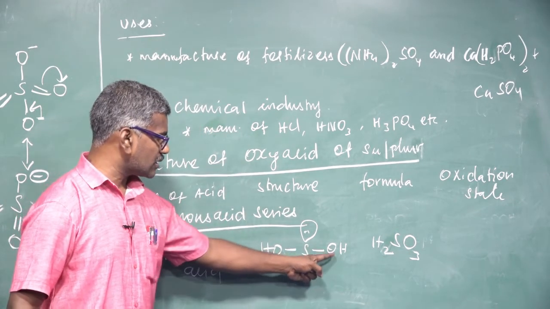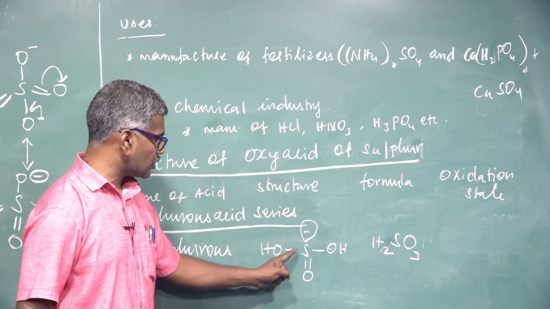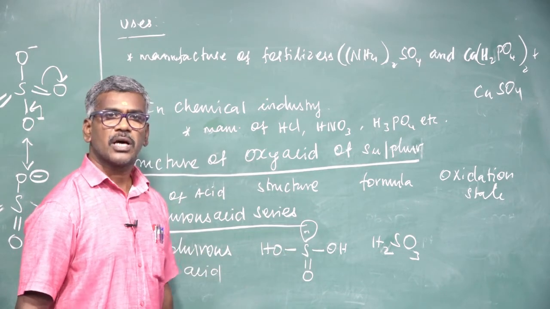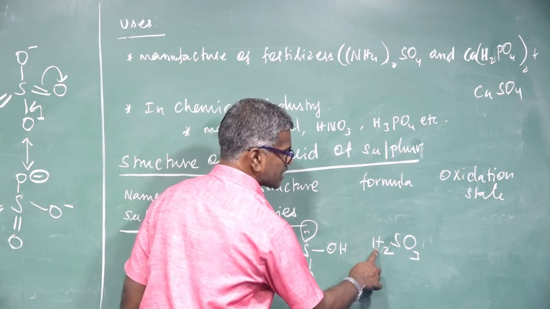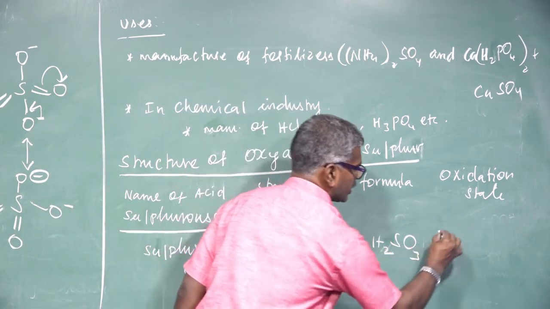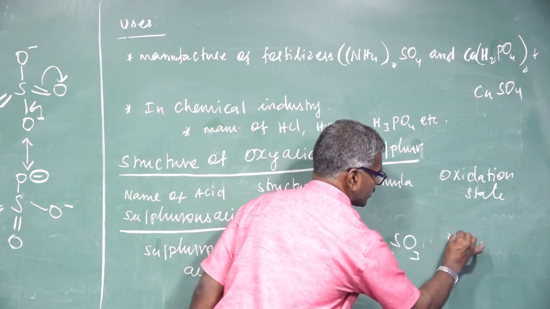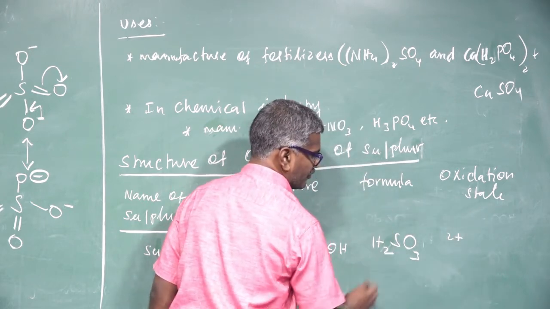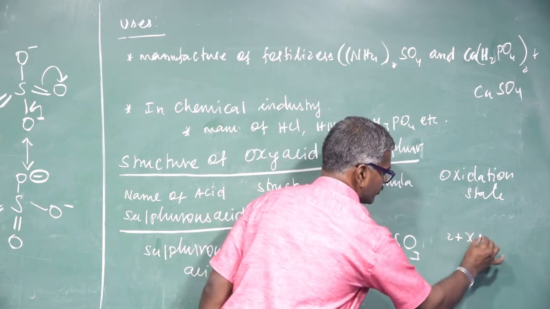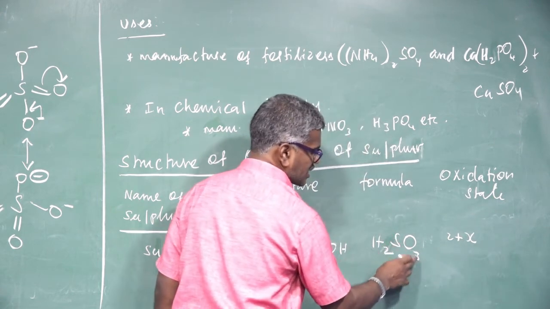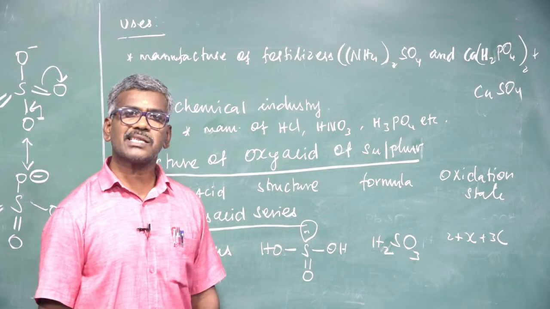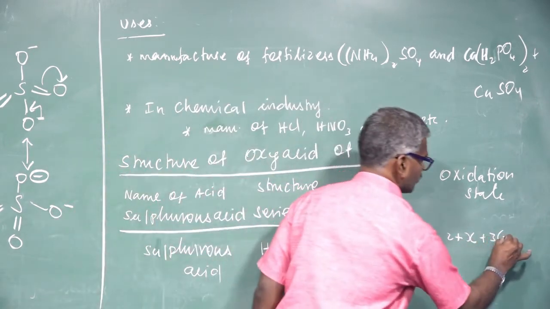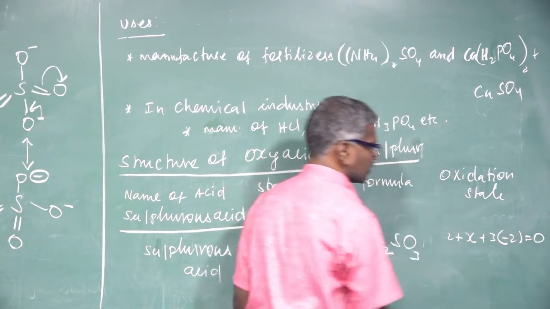How to find the oxidation state? Sulfur is bonded with 3 different oxygen atoms. How to find the average oxidation state? Here hydrogen oxidation state is +1, and there are 2 hydrogens. Sulfur is X, unknown. Oxygen, there are 3 oxygens, oxidation state -2, and the total equals 0.